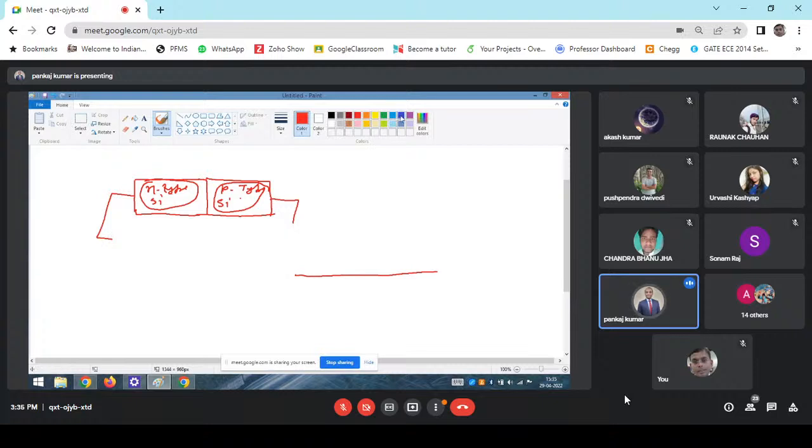So here what we see is that this Fermi level will remain the same for both the materials, and accordingly we have to draw it. Since it is n-type, in this case the conduction band will be near this Fermi level. Let's suppose this is the Fermi level, right?